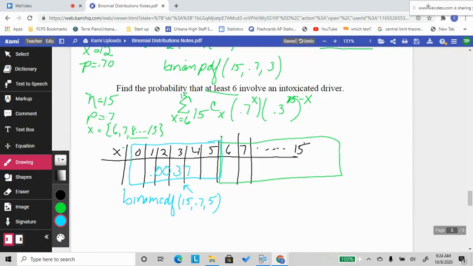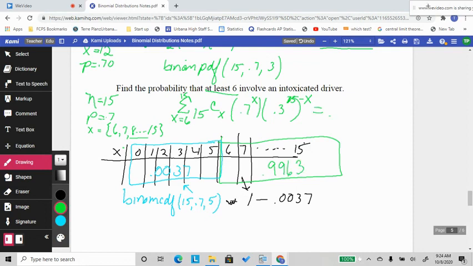Now, all I have to do is take and do 1 minus, right? 1 minus that, 0037, and it gives me this green answer. So all I have to do then, and it shortcuts my work. And that will give me 9963.